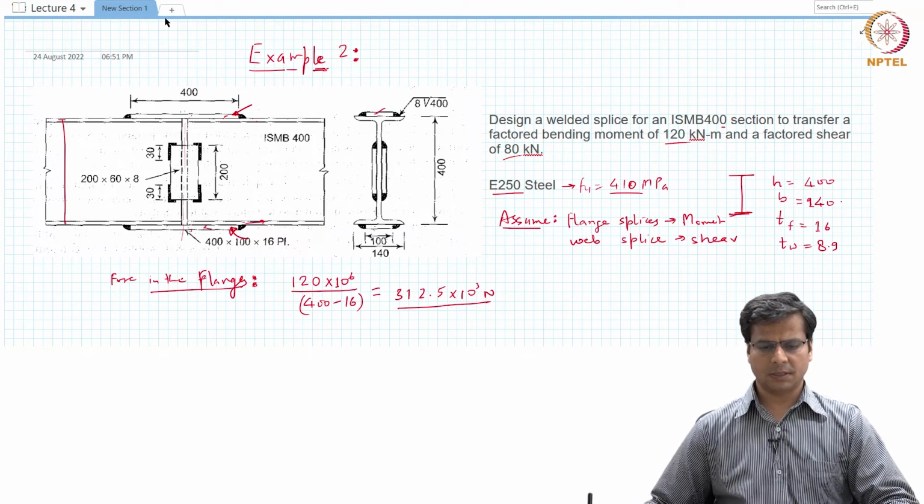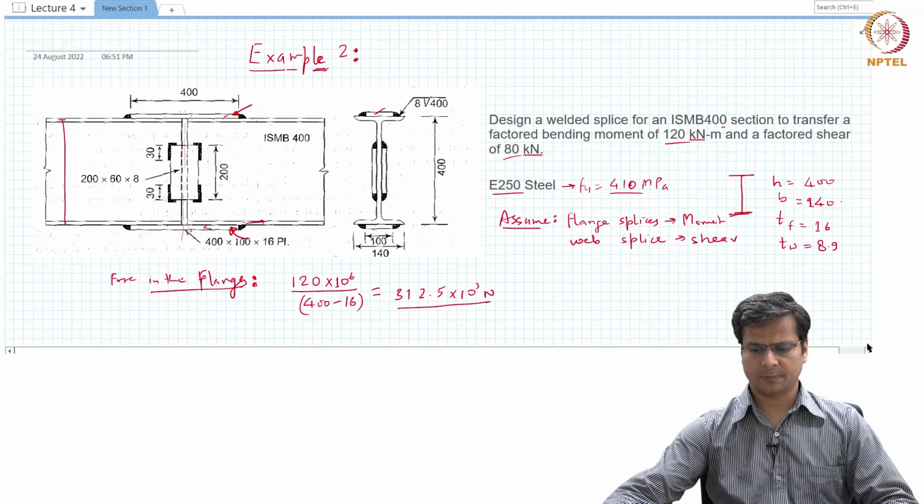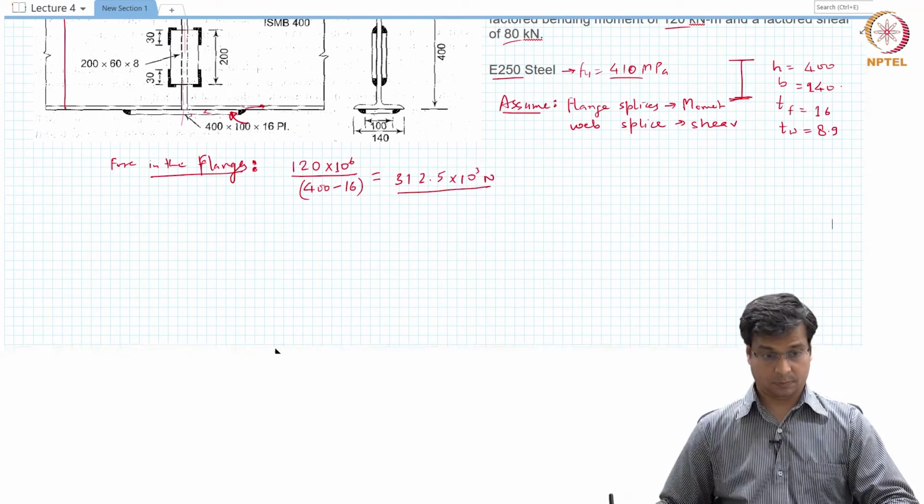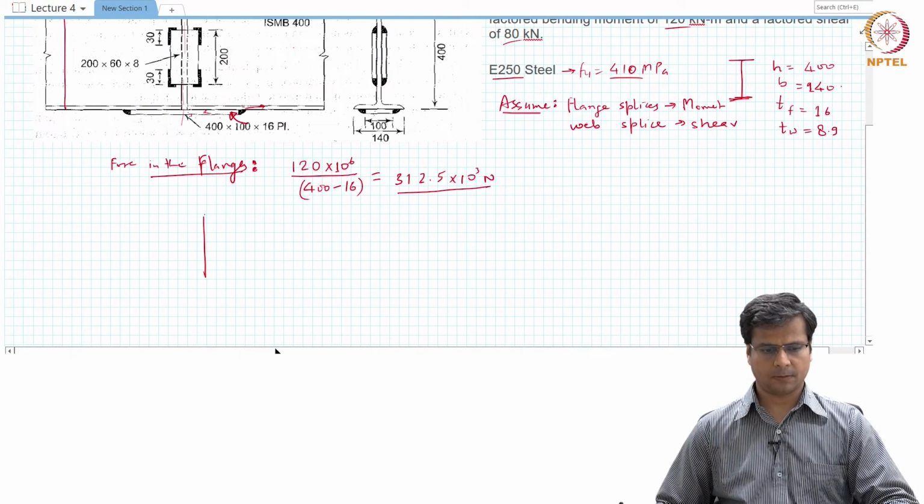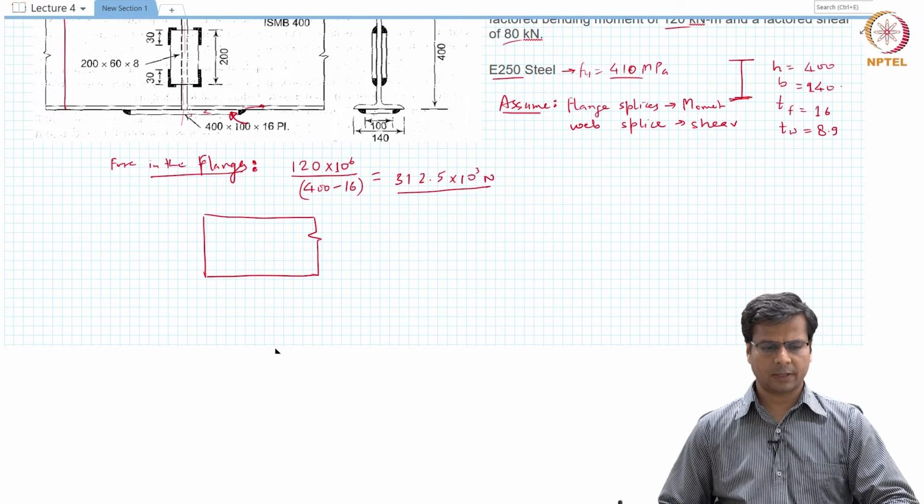So if I can see this section from the top, this is the top flange. There is a web under it, I am not drawing that, and there is a splice plate which will be coming here, and a weld needs to be provided all around this flange splice.